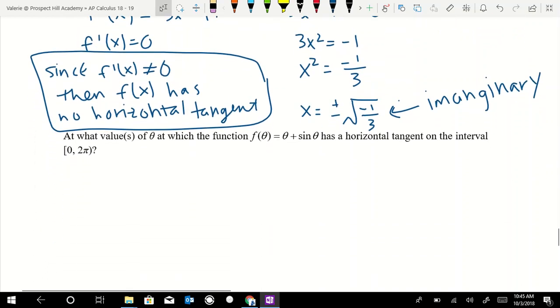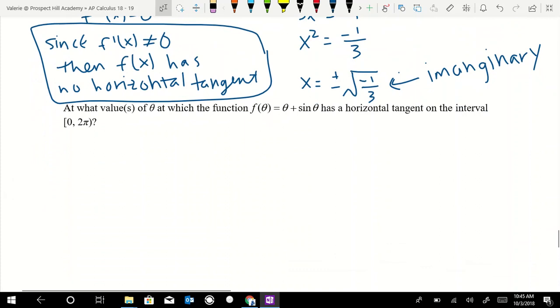Now let's look at a trig problem that's similar. So at what values of theta, at which the function f of theta equals theta plus sine theta, has a horizontal tangent on the interval 0 to 2 pi? So again, we need to figure out what our derivative is.